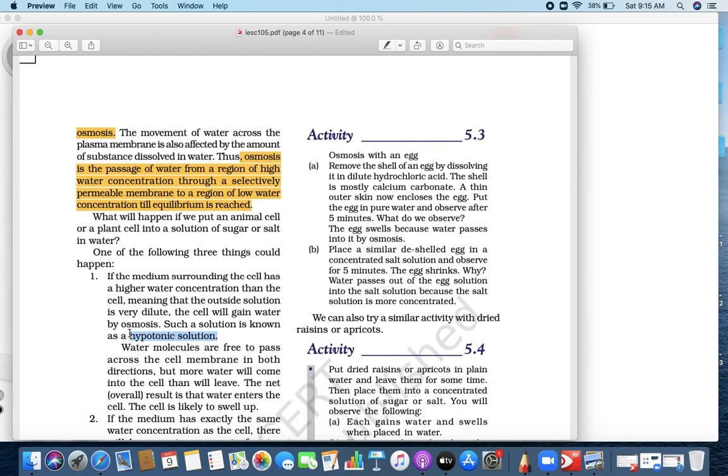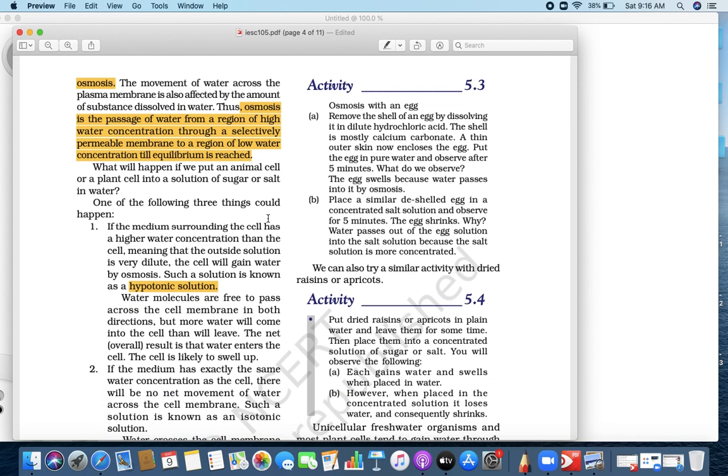What is a hypotonic solution? Understand this very properly. If the medium surrounding the cell has a higher concentration, and inside the cell it has a lower concentration, meaning the water is less inside the cell and outside the cell it has more concentration, then the water from outside goes inside the cell and the cell swells up. Swelling up means the size increases.